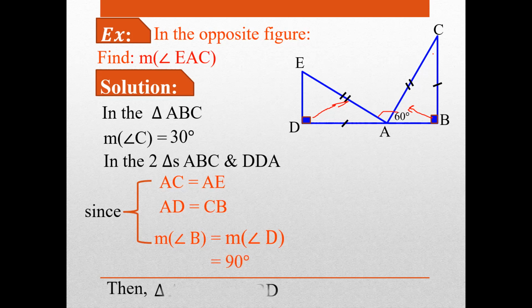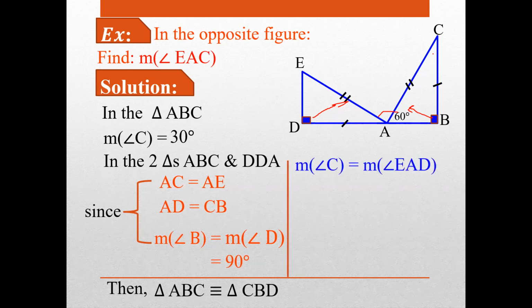Then triangle ABC will be congruent to triangle CBD. Then the measure of angle C will be equal to what? Angle C will be equal to angle A, but where is angle A?